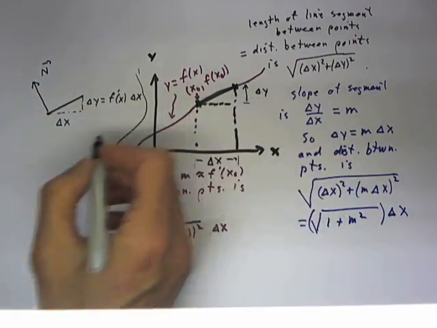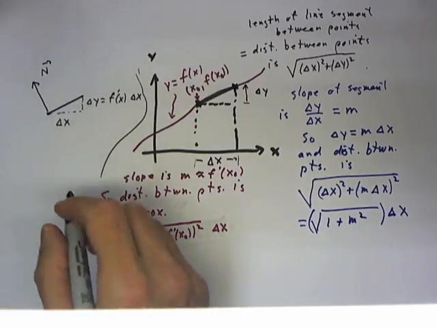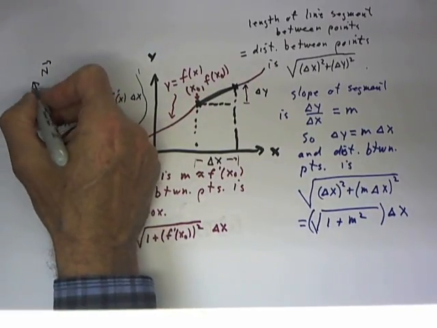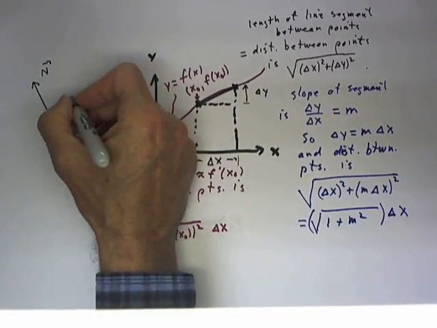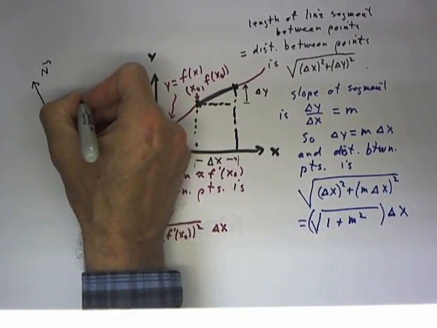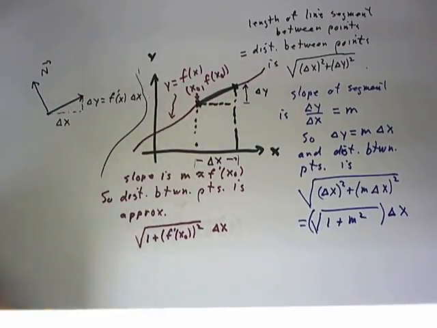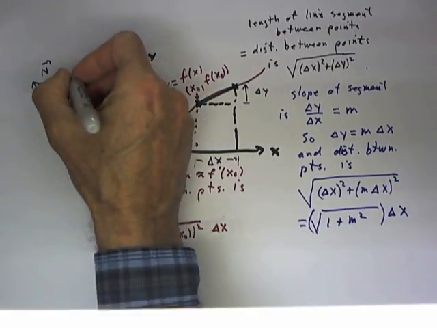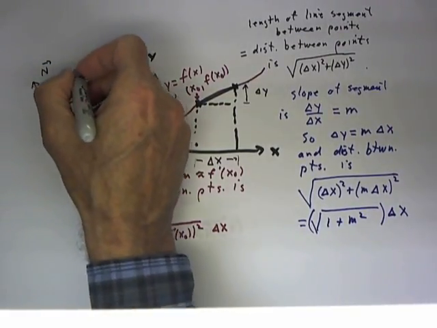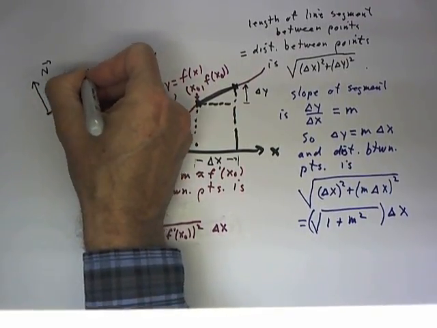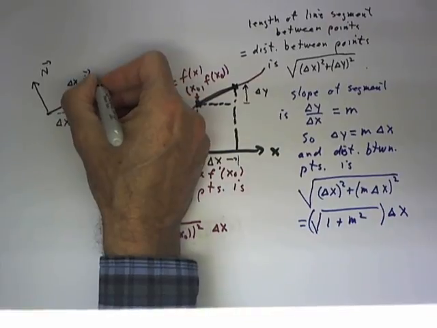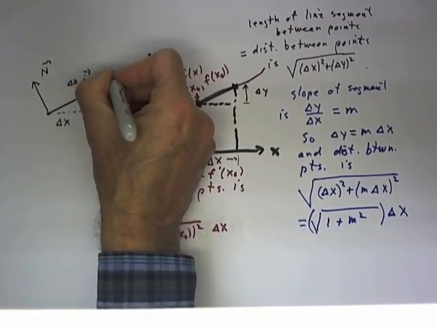Still with the two-dimensional case, what's a vector in the direction of n? Well, if we let this segment coincide with a vector, that vector would be delta x i plus delta y j.